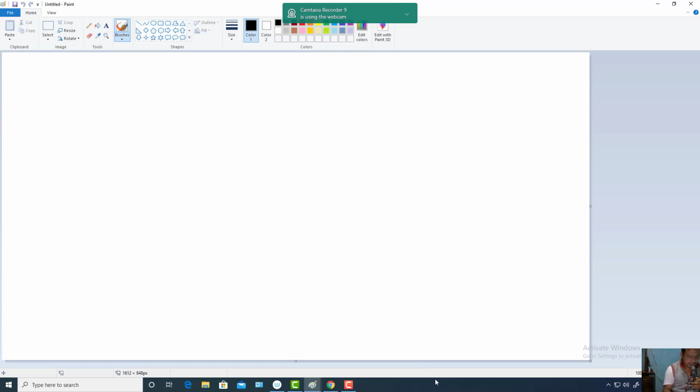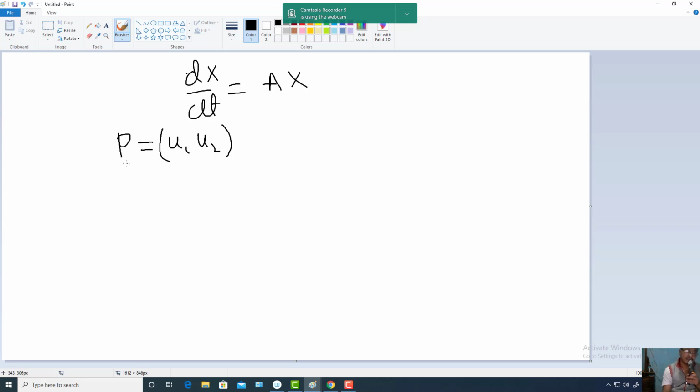So for that, what we have is dx by dt is equal to Ax. Here it is coupled and we want to make it decoupled. So you put P equal to the matrix [u1 u2]; we have already defined what u1 and u2 are.